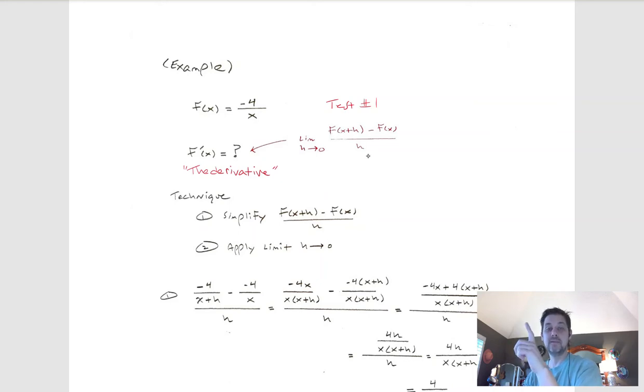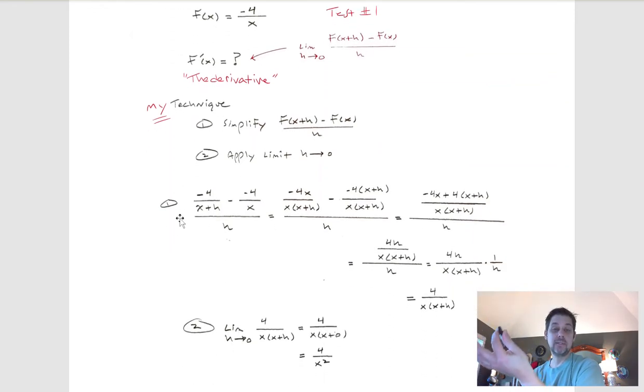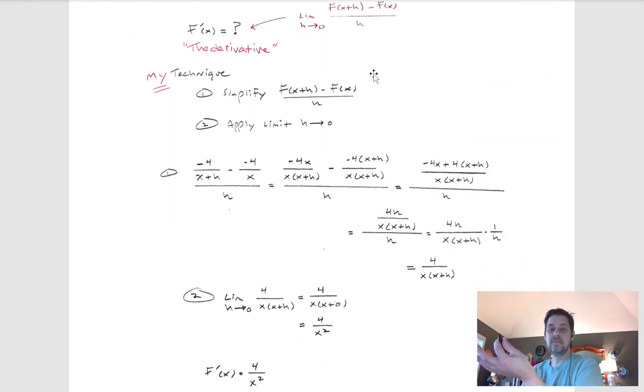So that's what we need to do. Here's my technique. If I had to do it this way, this is how I would do it. You could rearrange this if you wanted to, but my technique is to first simplify the f of x plus h minus f of x over h part. That's the first part.